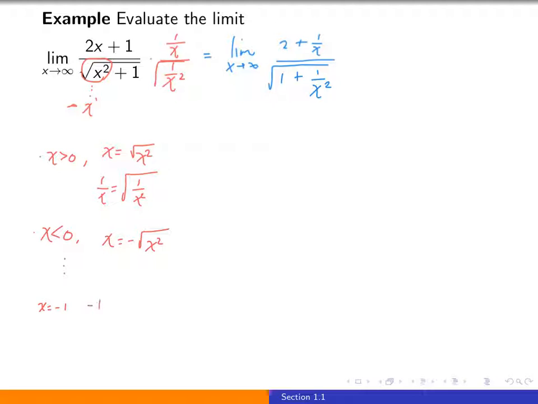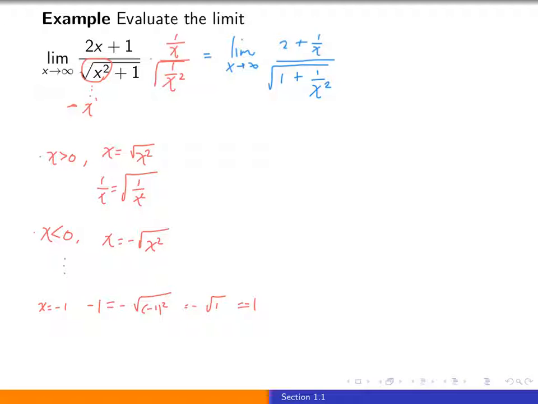You'd have minus 1 as your x value, and the square root of minus 1 squared would be the square root of 1, which is 1. And minus 1 is not equal to 1, which is why you need this extra minus sign out front. So if it had been a limit as x approaches minus infinity instead of infinity, we would have had to introduce a negative sign into the problem. So that's a very important observation.